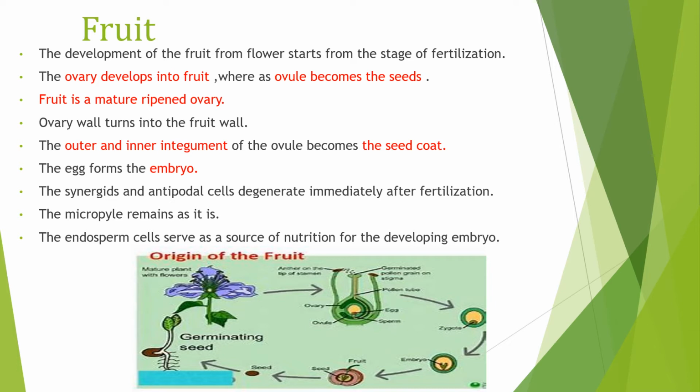These degenerate just immediately after the process of fertilization, but the micropyle remains as it is. The endosperm mother cell turns into endosperm. The endosperm functions to provide nutrition in the form of starch and protein to the developing embryo.